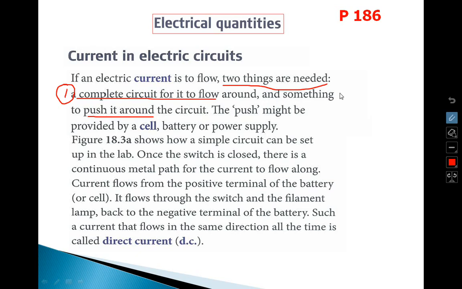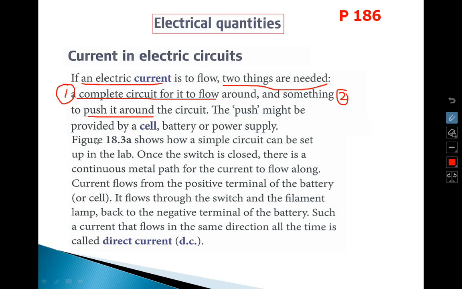So we need two things to let electric current flow through the circuit: first, a complete circuit connected in the correct way, and second, something to push it to move through the circuit.